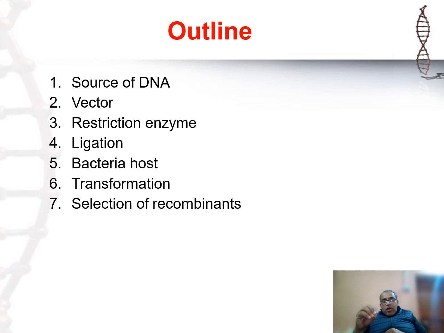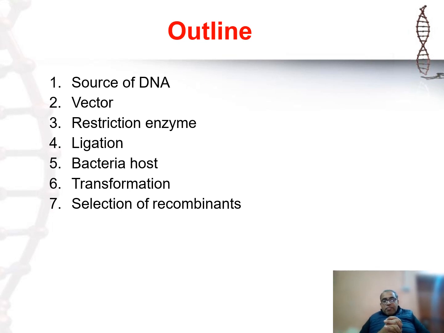If the foreign gene is inserted in the alpha component, then both parts would not generate an active beta galactosidase, which would result in white colonies. However, if it results in active beta galactosidase, that would give you blue colonies.